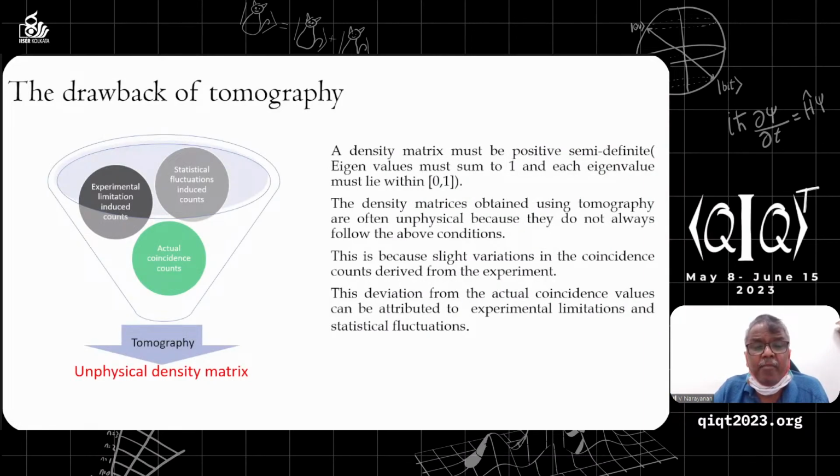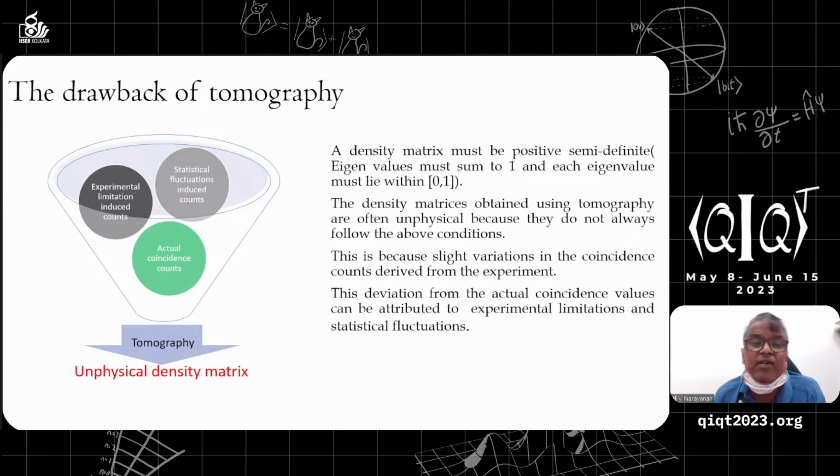But there is a drawback of the state tomographic technique, because one might end up getting an unphysical matrix. The polarizer's contrast ratio will not be perfect, the reflectivity may not be perfect, and the interference filters you use may not be very good.